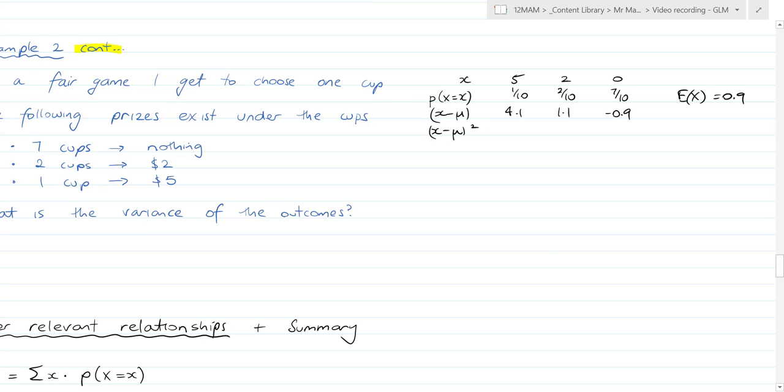And this gives me 16 point, and I'm doing this in my head, poor planning here, but I'm going to say 16.81. And then 1.1 squared is 1.21, and 0.9 squared is 0.81. And then I'm going to multiply those by my probabilities.